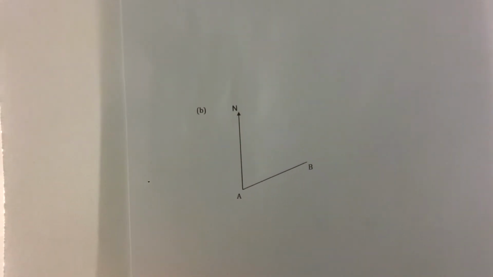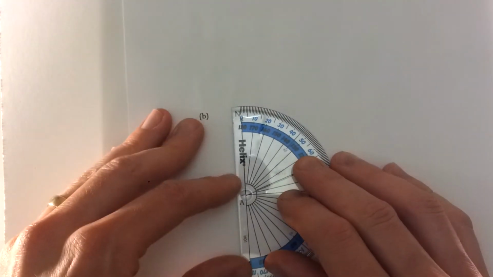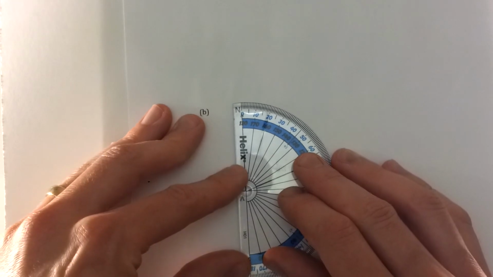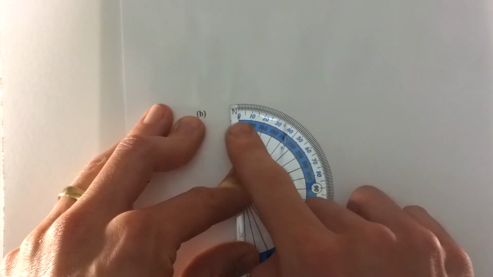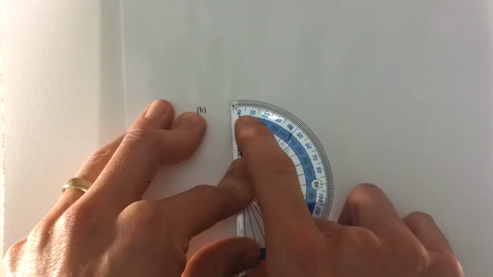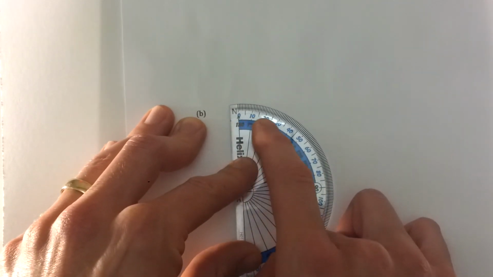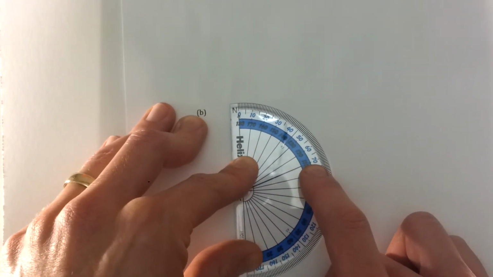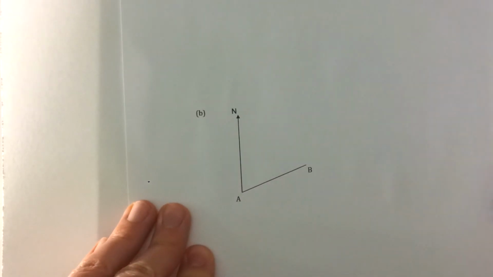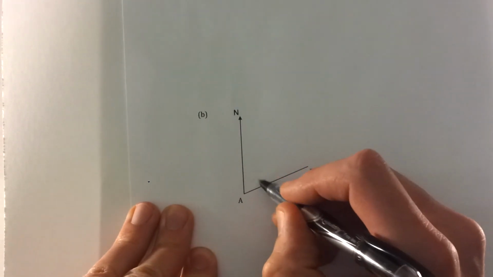We put our protractor onto A, like that, with the centre of the protractor on A, and measure this angle. Here's our 0 reference, so we're using the outer scale this time. Going round from 0 to here, this is lining up at 70 degrees. So this angle here is 70 degrees.